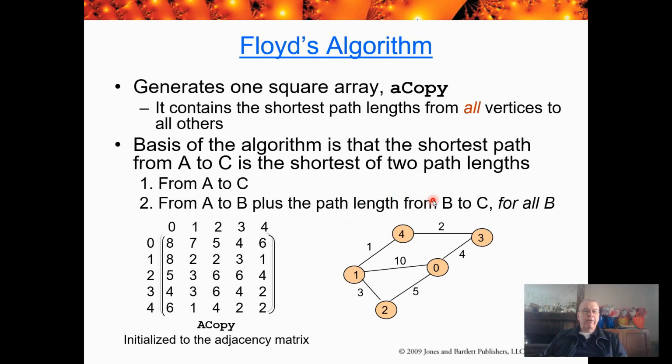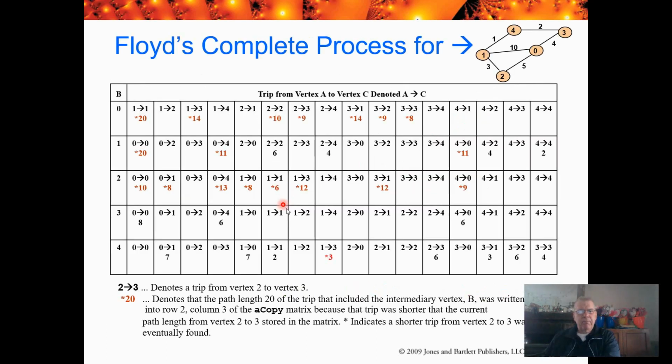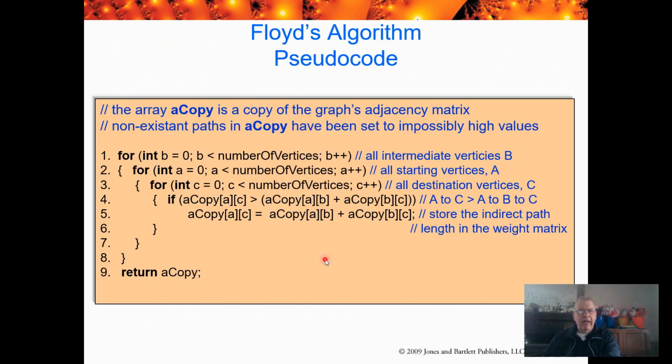So let's just briefly talk about Floyd's, because I don't find it very useful, because you can't find the path, you can just find the costs. So basically, Floyd's is based on the idea of transitivity, that if A goes to B and B goes to C, then A goes to C. And if the path length is less, then you replace the path length from A to C. So we won't go through that.